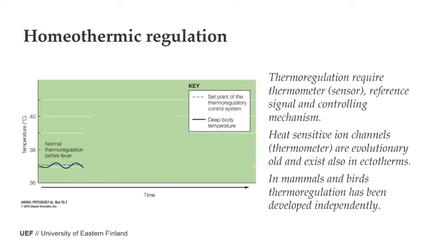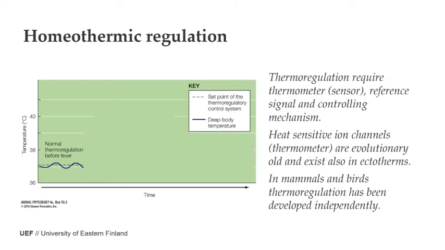And let's first think about how thermoregulation works at a normal level and when we have a fever. There's always some fluctuation in the thermoregulation or the body temperature. So we have a set point, for example in humans 37 degrees Celsius, but the body temperature is a little bit above it.